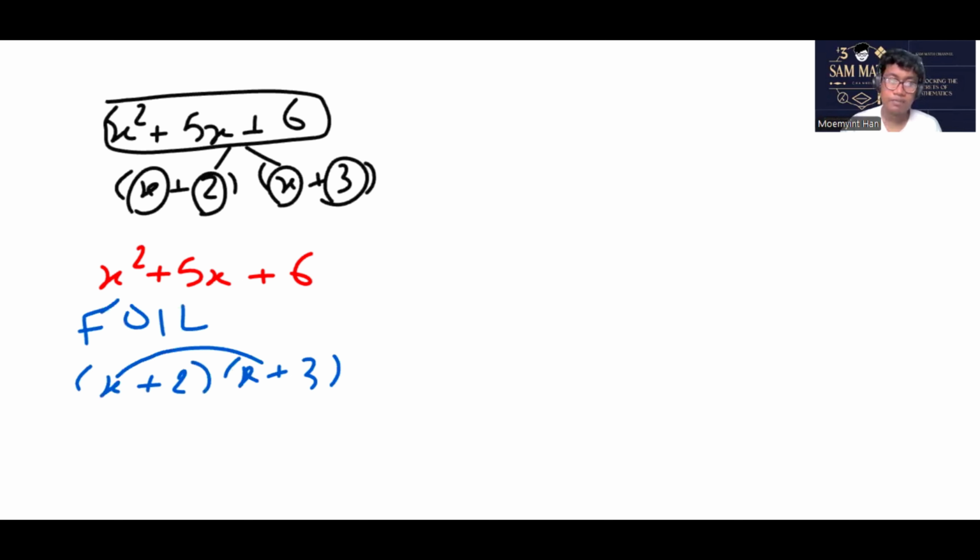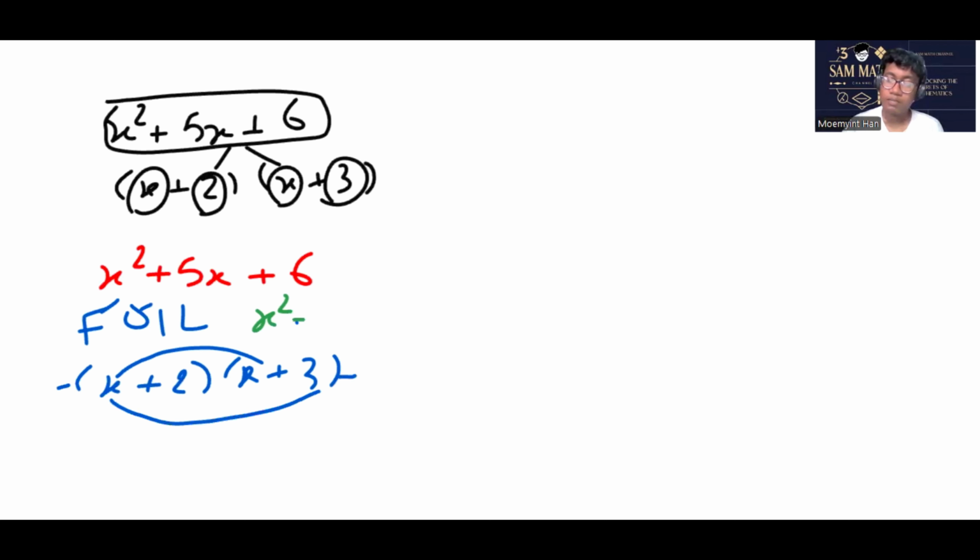Then O is for outside or outer. The outer terms are x and 3, because they sit on the outside of the whole term. So x and 3 becomes plus 3x.